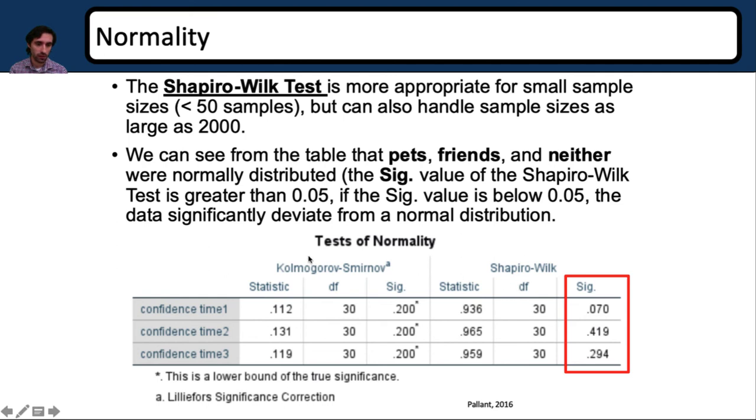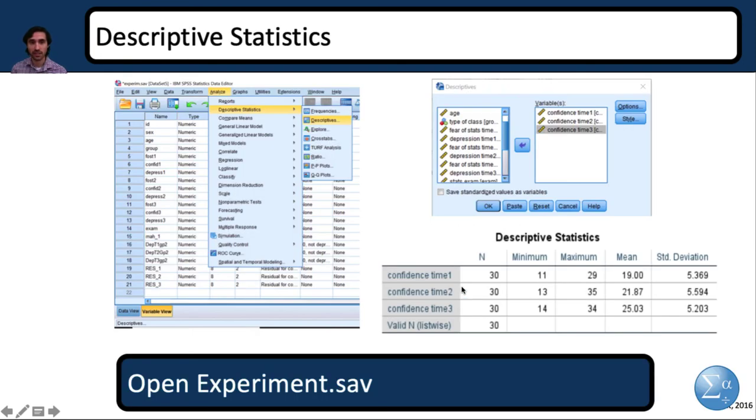But if we look at the test of normality, we go to that Shapiro-Wilk. I can see that there is almost a statistically significant difference in the confidence in that first time. So even without knowing this information, I'd be wary of anything coming out of the confidence time number 1. But we'll talk about that in class.